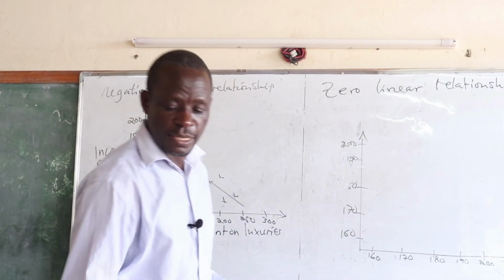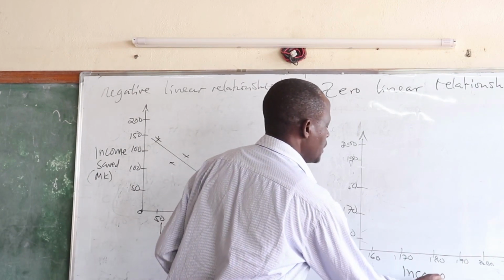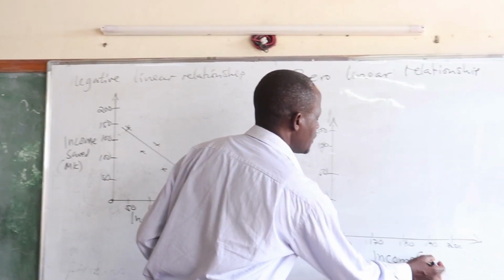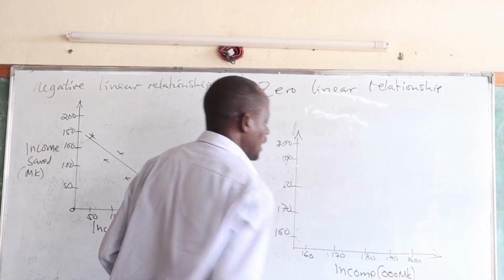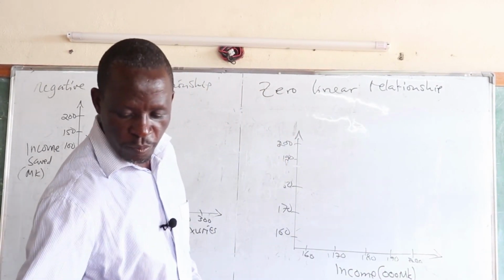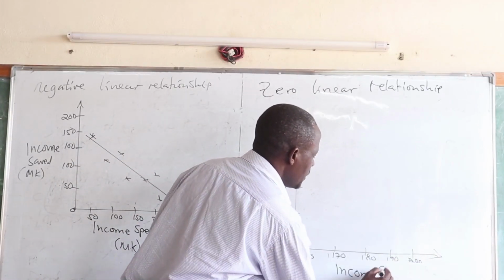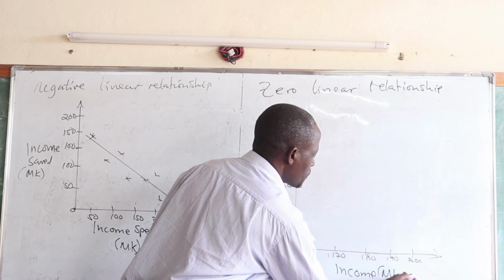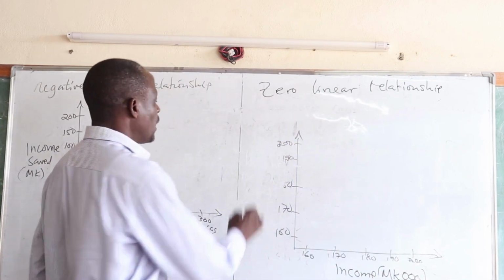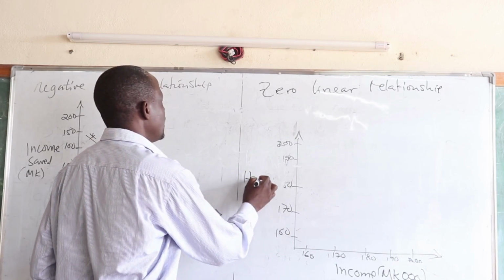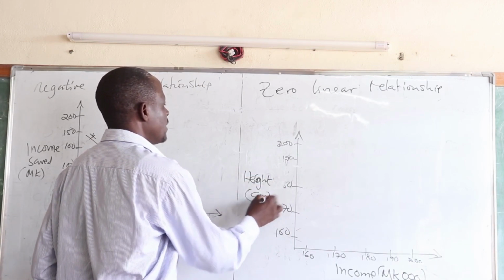So let's assume that in this particular case, you have income in thousands of kwachas, and then probably you have height of an individual, let's say in centimeters.